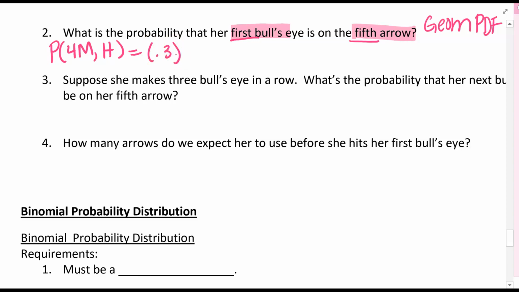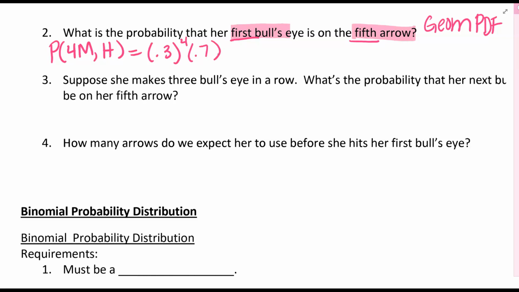Because success is 0.7, so failure is 0.3. And how many times is she going to miss it? 4. So you raise it to the 4th power. And then she's going to hit it on the 5th. So that's a 0.7 because she's going to hit the bullseye. So again, you can do 0.3 to the 4th times 0.7, or you can do geometric PDF.